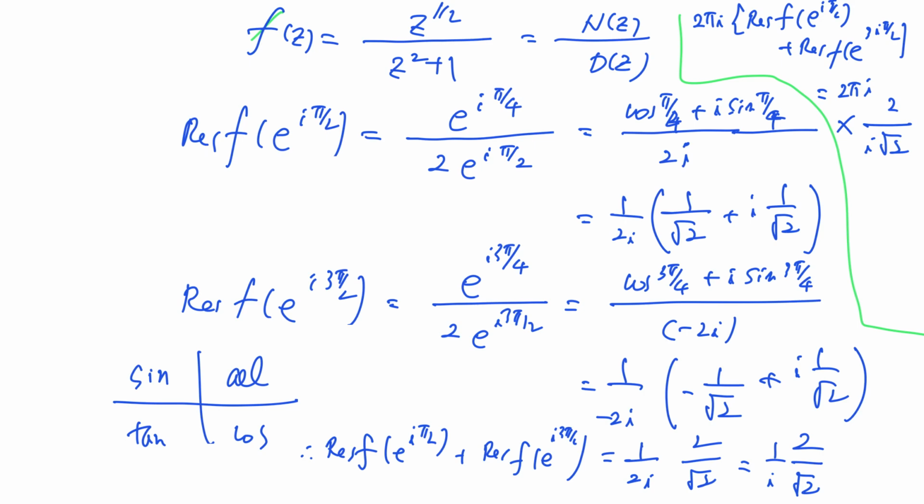We have the 2i, right, we have 2. So pi over square root of 2, times 2.